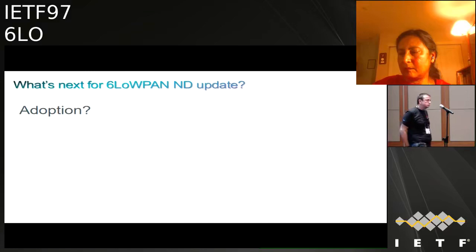We make this thing that's not ND, but it has this function. And then we don't have to ask for 6man to review what we're doing. We can make up everything, but it's just for 6LoWPAN. That might be procedural, but there's this technical aspect of which tables we are making adjustments to the numbers in.